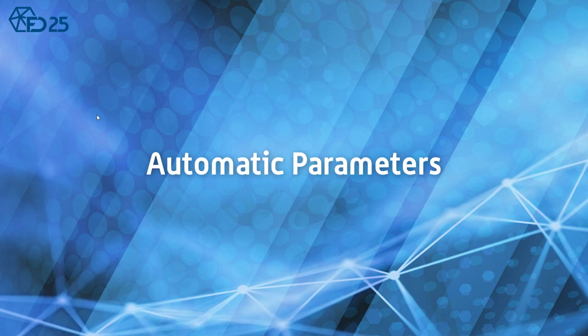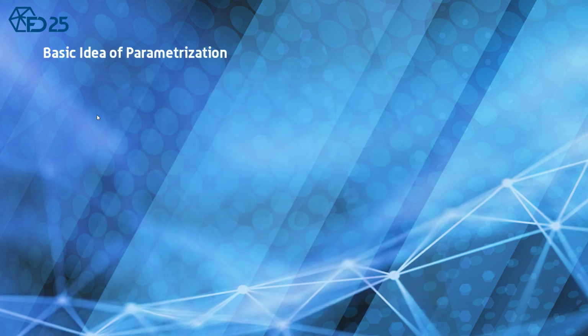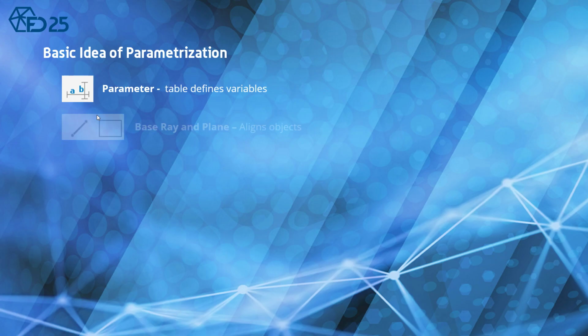This is really interesting, automatic parameters. We have started to do those parametric models. It was version 23 when we did the first development here. The basic idea is that we don't want to compete with the API. This is much simpler, but also much faster to do. First we have a parameter, which is just a table of variables. Then we have a base ray or base plane.